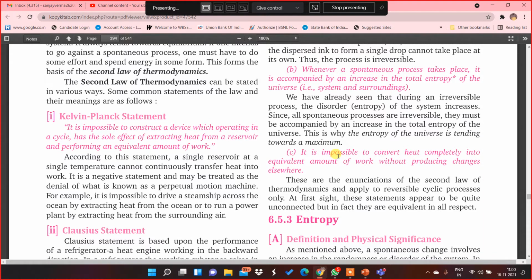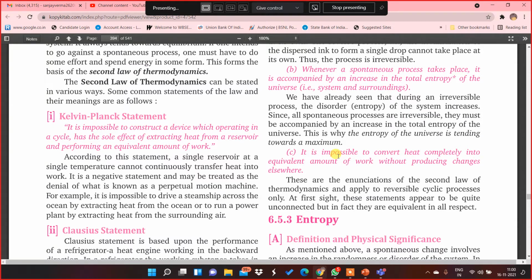To summarize all of this, according to the second law of thermodynamics, it is impossible to convert heat energy completely into an equivalent amount of work energy without producing changes anywhere. That means it is not possible for a machine acting on its own to do work without causing changes elsewhere.